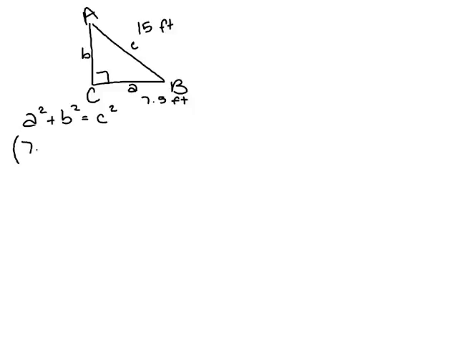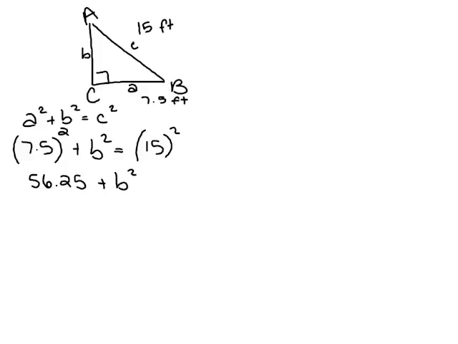So I bring my 7.5 squared, replace the A. I don't know B yet. And then 15 squared replaces the C. Grab your calculator, 7.5 squared, 56.25 plus B squared, and 15 squared is 225.